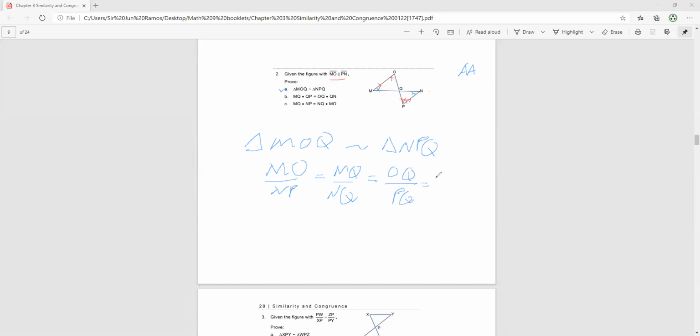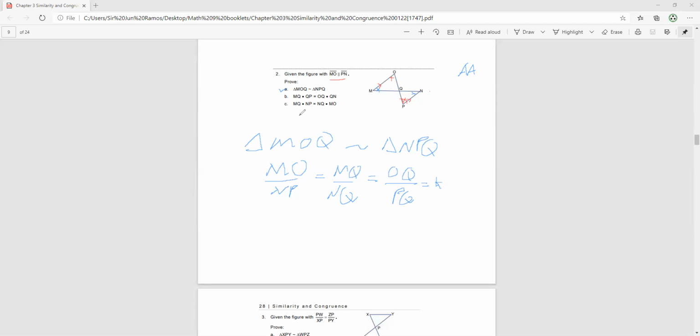These are the proportional sides, equal to a constant K. Now let's see how we can show letter B: MO times QP.